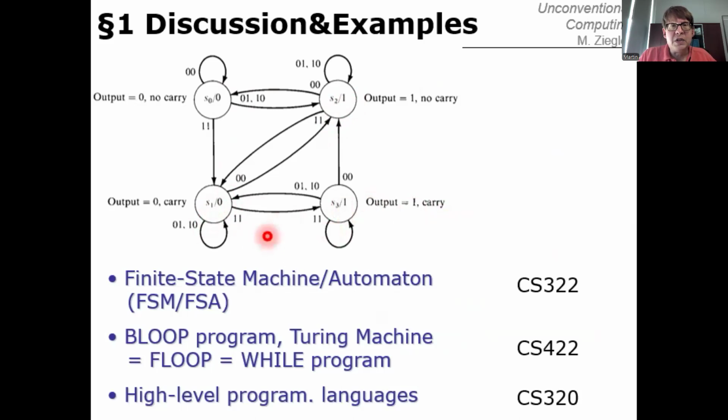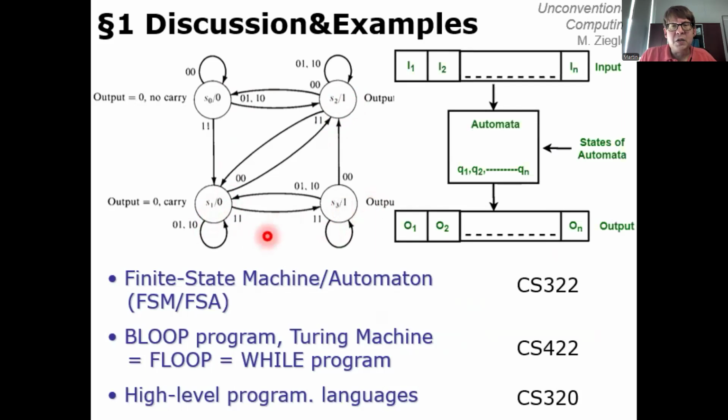So that's a four-state finite automaton, four states, that's finite, right? And the general picture is that it has a finite number of states. It reads the input symbol by symbol. Here symbols are pairs of bits, and it produces output. Here the output is one bit, the next output bit for this transition.